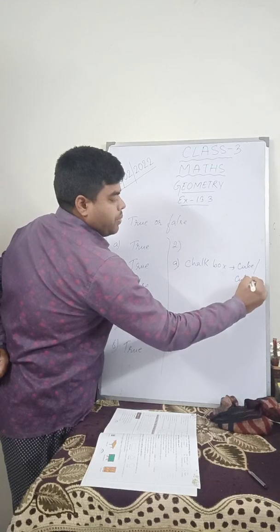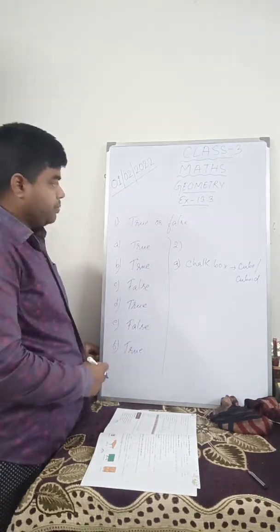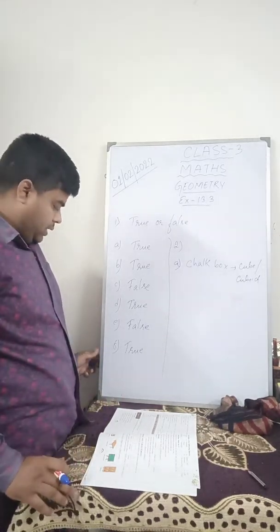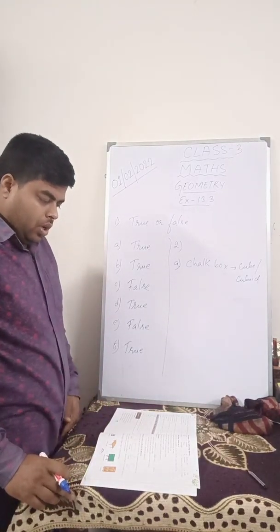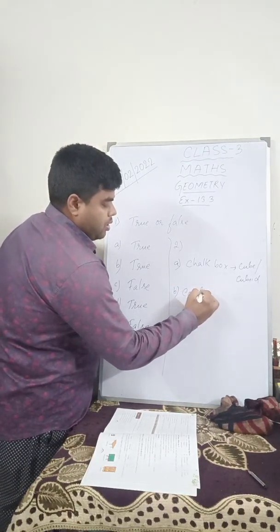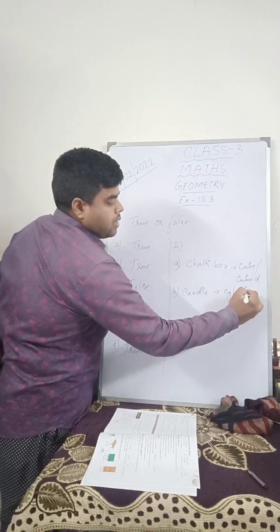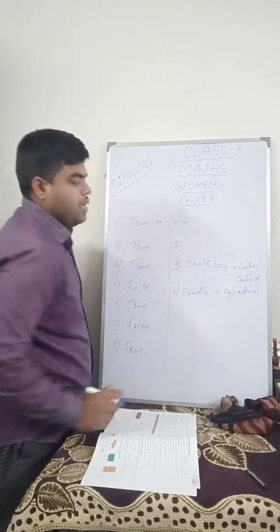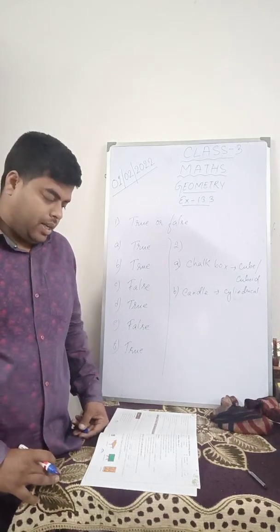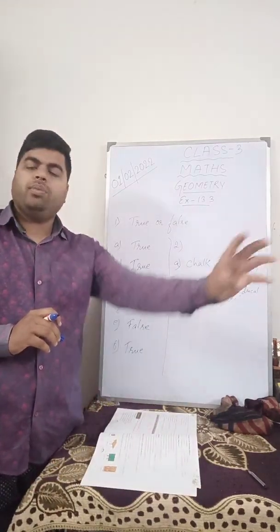It depends upon the company which makes the box of chalk. Next, number B, candle. Candle is cylindrical in shape.